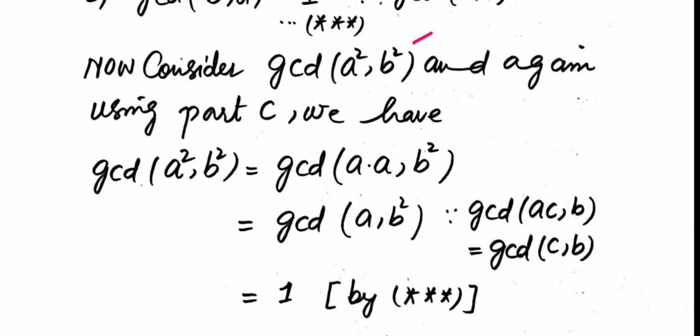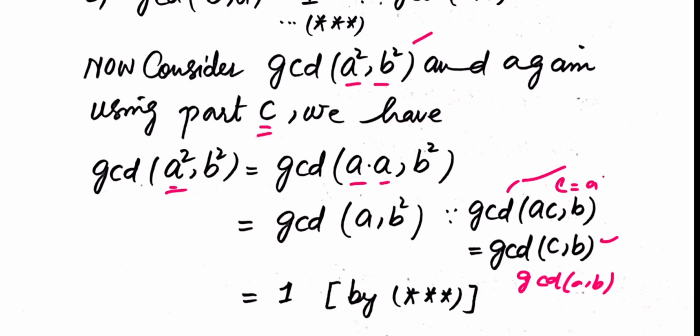Now consider GCD of A square and B, and again using part C, we can write A square as A into A. Now using this property, part C, if you replace C is equal to A on both sides, this side becomes GCD of A comma B. So by using this property, we can write GCD of A into A and B is equal to GCD of C comma B. What is my C?